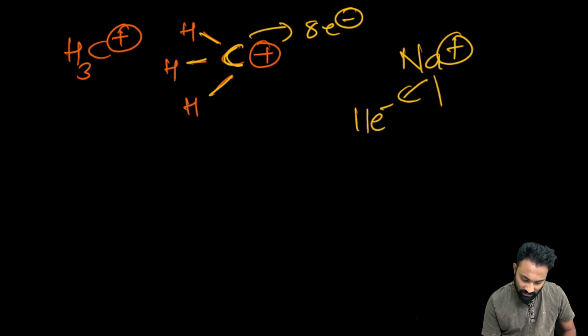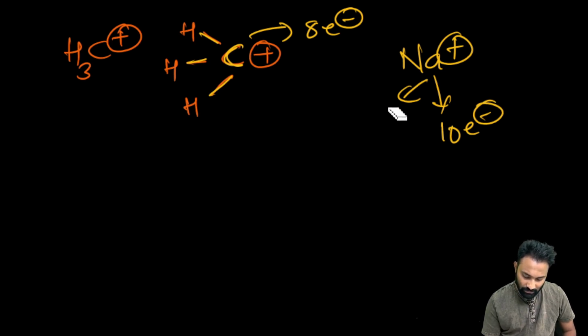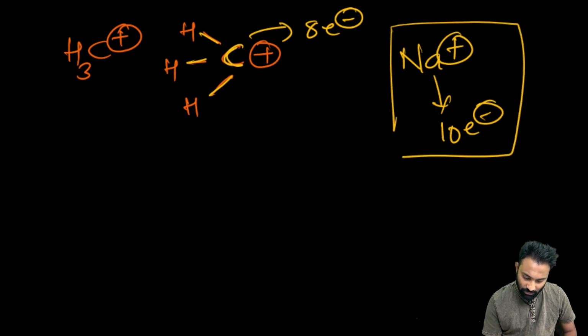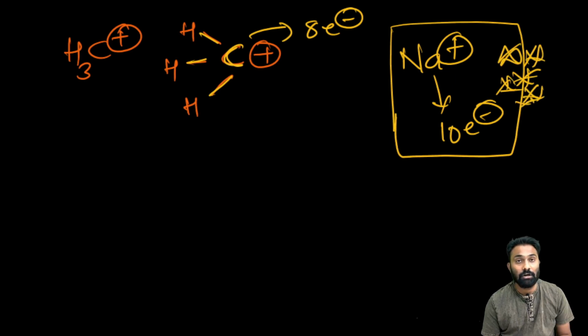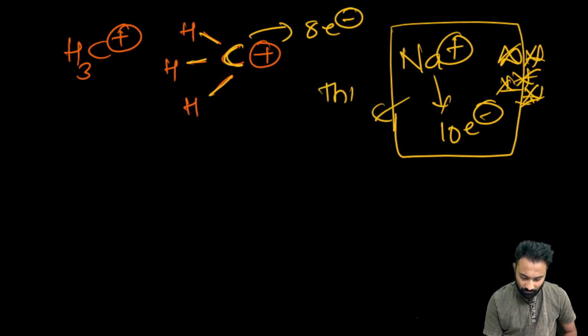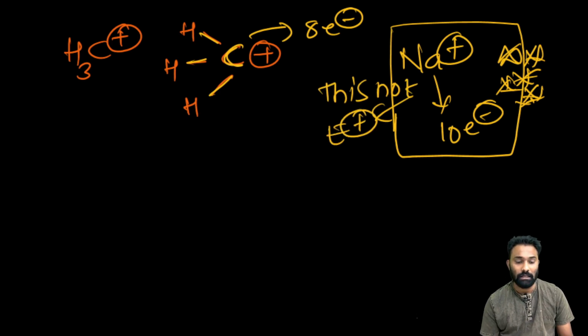Now it has 10 electrons, so it has reached the octet. This is very important: cations with electron deficiency are octet incomplete only. This is an octet complete species, so it is not an electrophile.